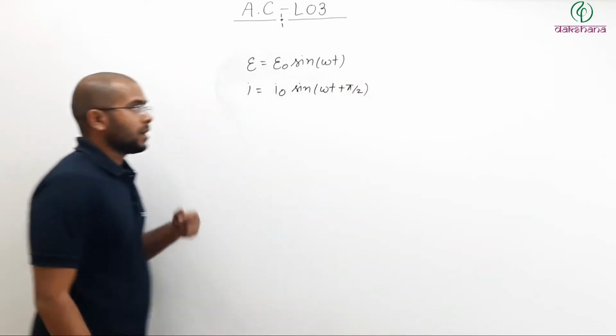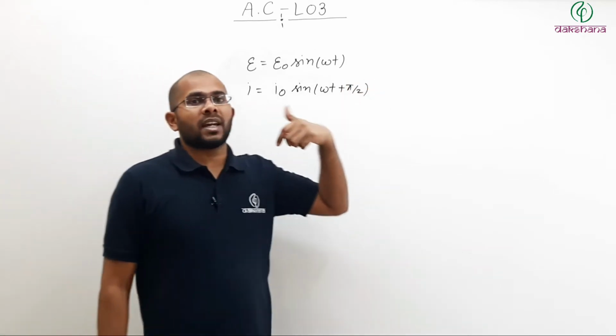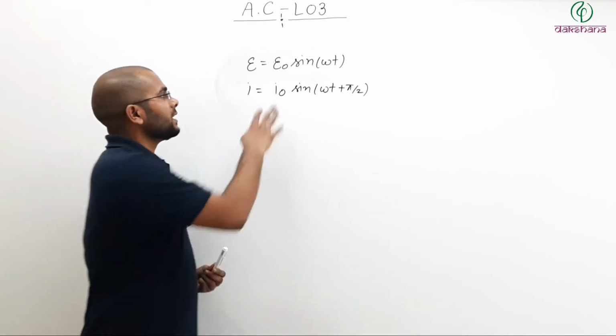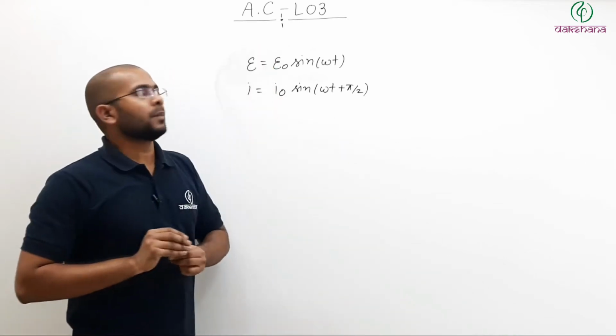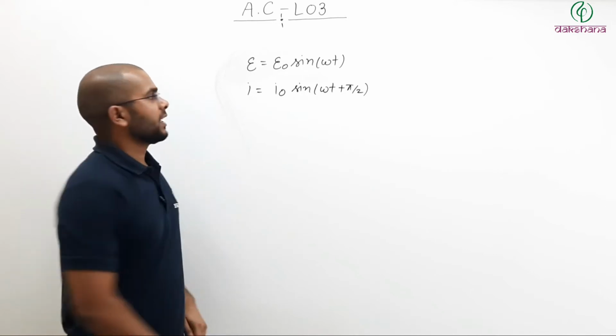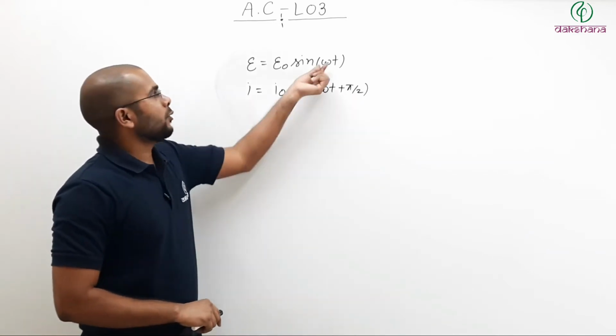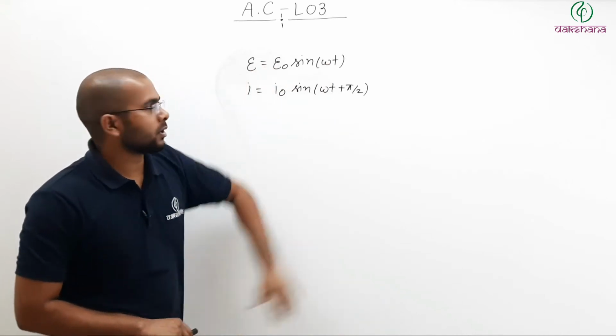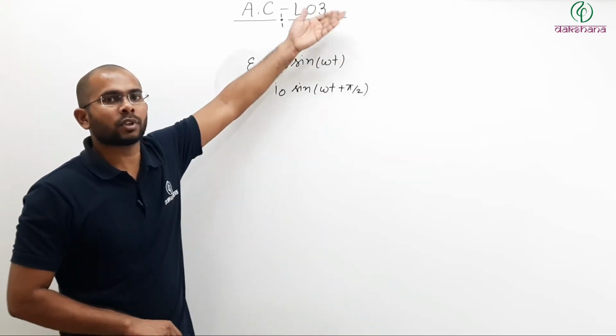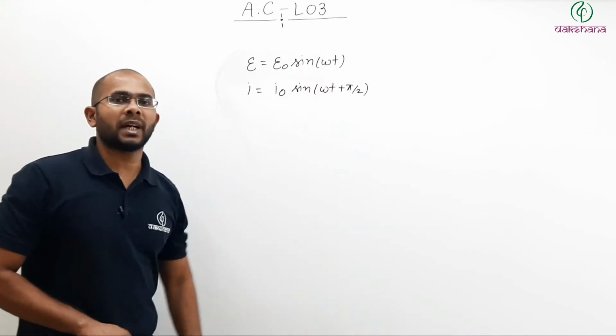So in a purely capacitive circuit, current leads potential by pi by 2 phase. Here omega t plus pi by 2 is called the phase of your current. Omega t is the phase of your potential. So current leads EMF or potential by a phase of pi by 2.